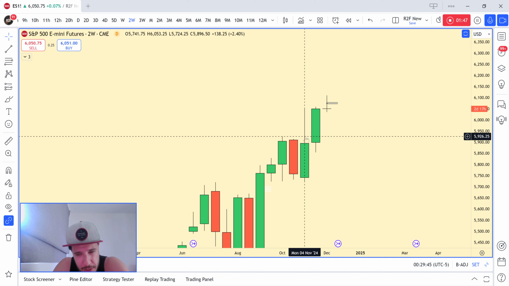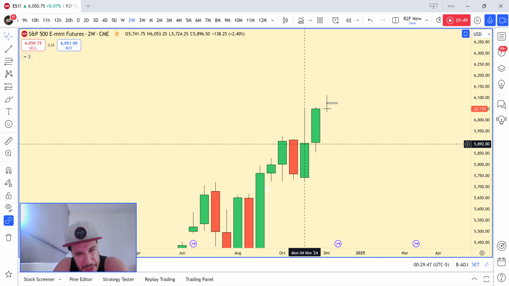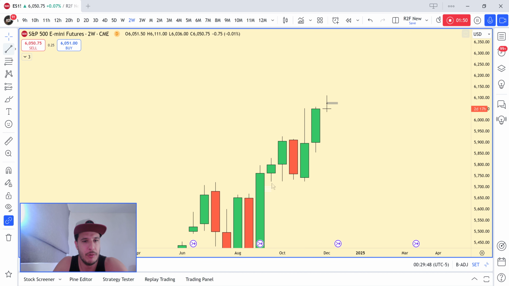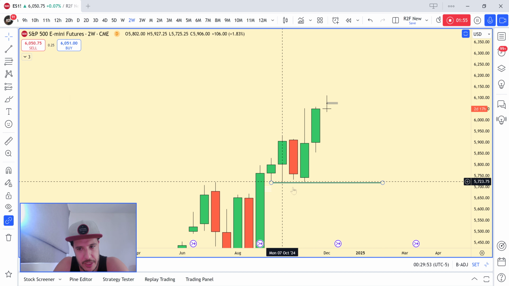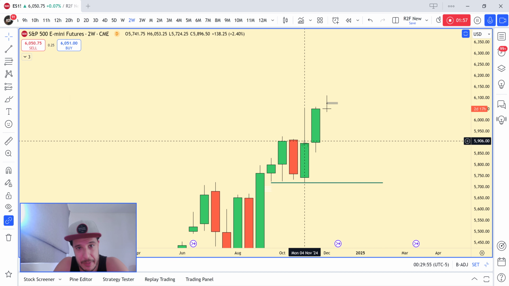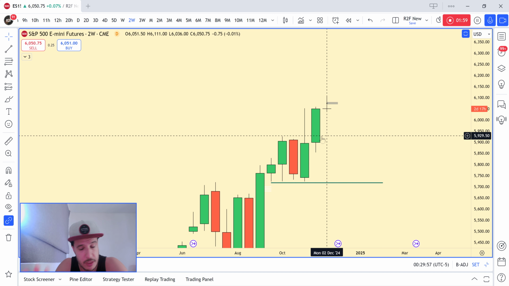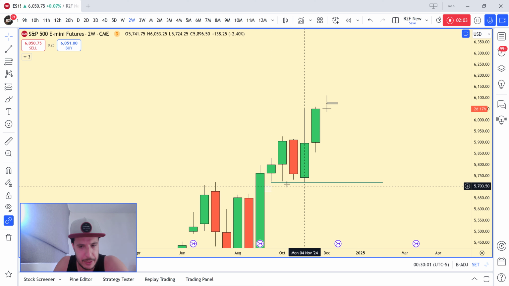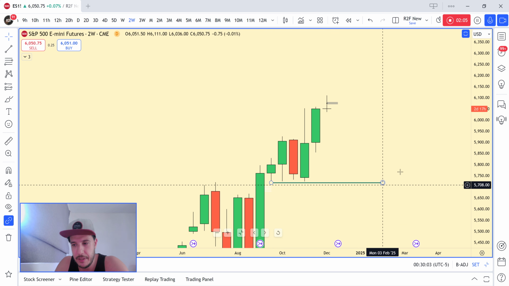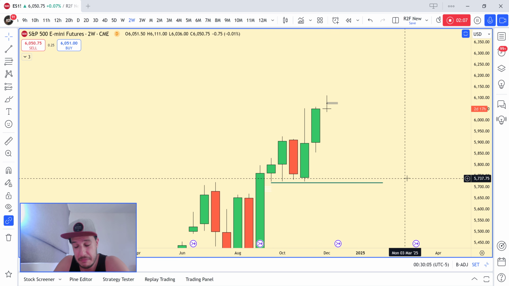I want the body to close above. It's pretty close, but to be honest, in this case, there's so much equal lows here that I may not feel comfortable taking that just based on this time frame, right? Just based on this time frame.